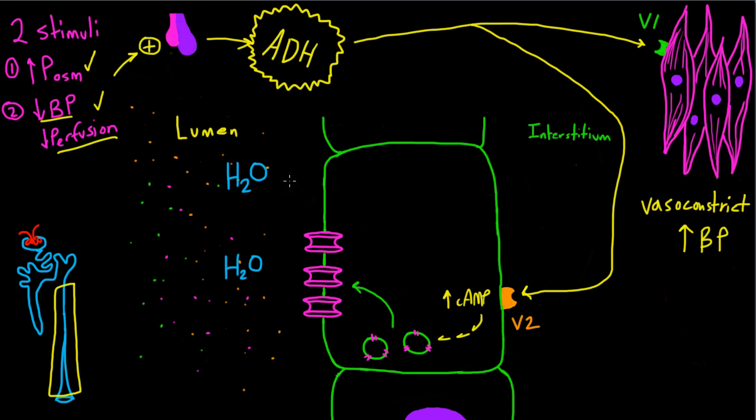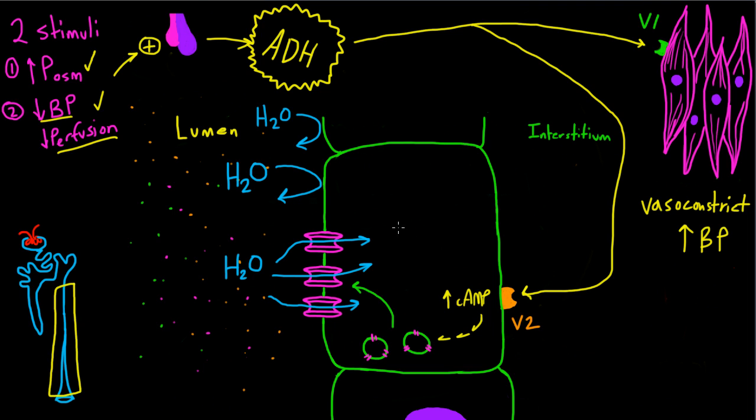Before they were there, remember, water was impermeable. So water cannot pass. These have tight junctions and it's impermeable. But once these aquaporins are in, water can be reabsorbed. At least they named it a good name, right? Aquaporin, a water pore. We like it when things make sense, don't we?